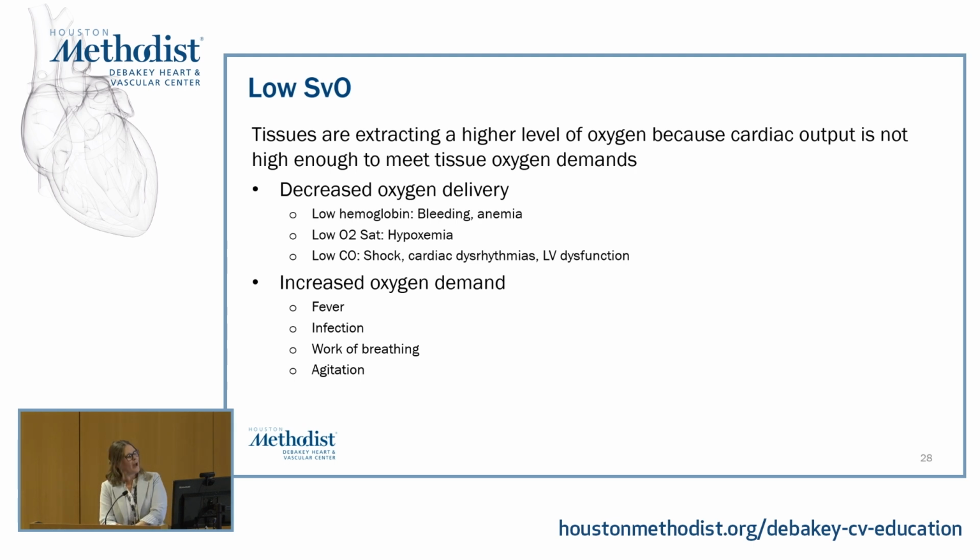If you have increased oxygen demand, that means your tissues are demanding more oxygen than they normally would. That would be indicative of fever, infection, work of breathing, or agitation.